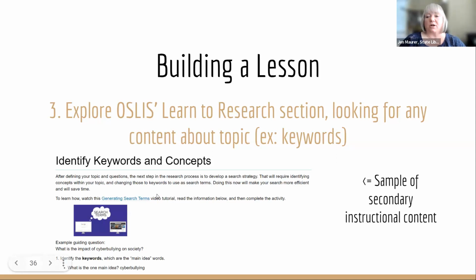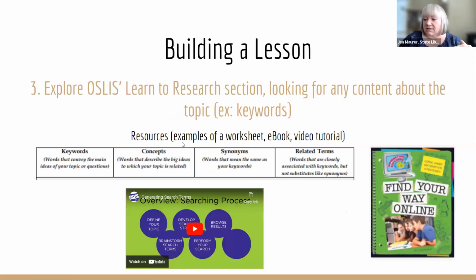And that's exactly what you want to be teaching your kids. There's a whole page of instruction that teaches the kids about that. And also on that same page, in the resources box on the right, there is a worksheet that breaks it down by keywords, concepts, synonyms, and related terms. There's a video that talks about it, called Generating Search Terms.